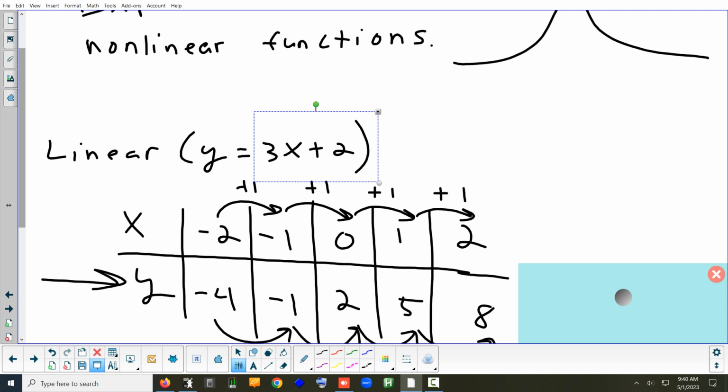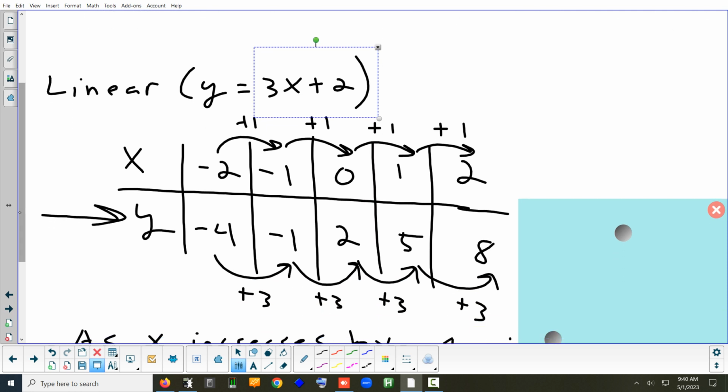Does anybody see the pattern of how we got from one number to the next in the y values? It's like we're doing the same thing each time as we move to the right. Yeah, exactly. We're adding 3 each time.